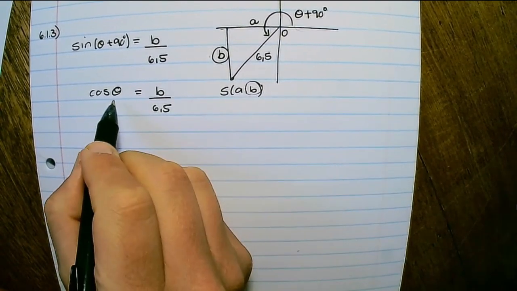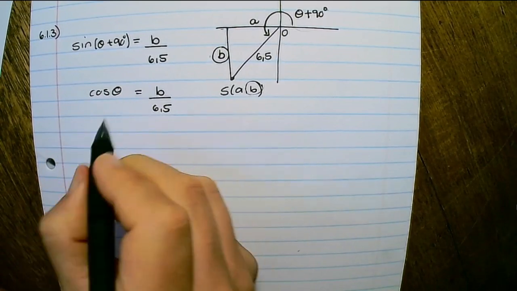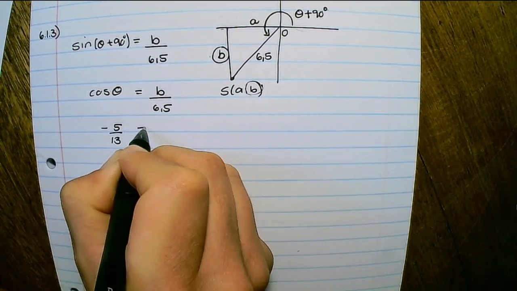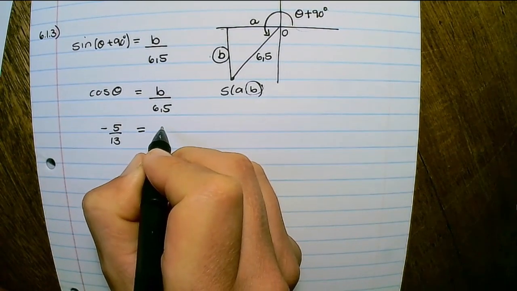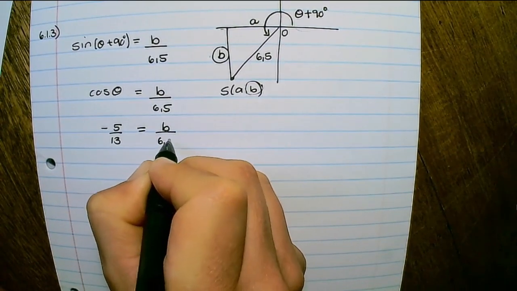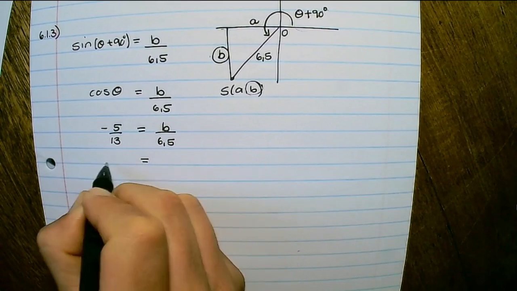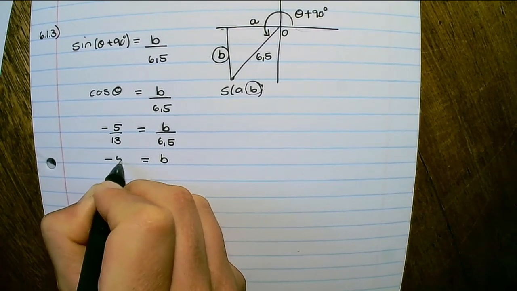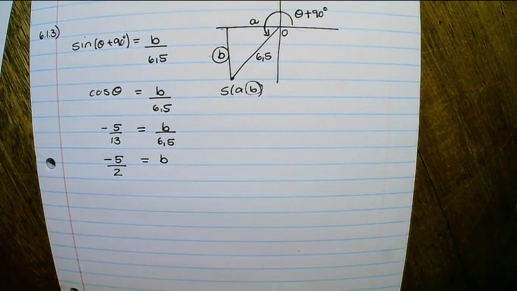And in the previous question, we found cos theta is -5 over 13, equal to b over 6.5. And now if I solve, b is equal to -5 over 2.